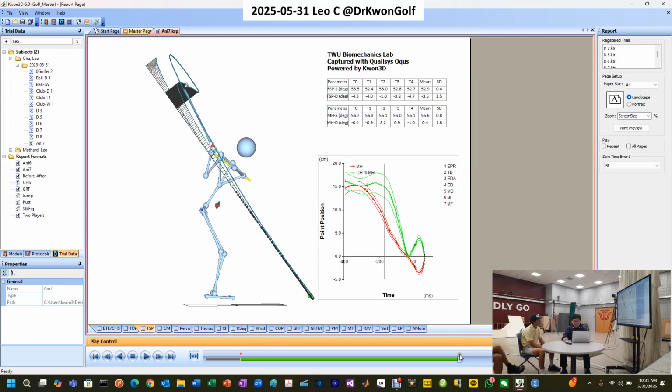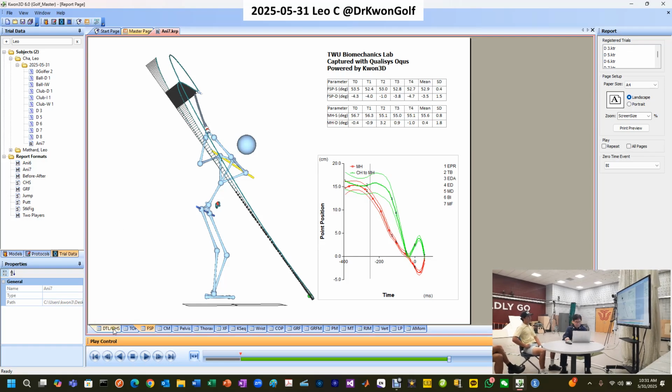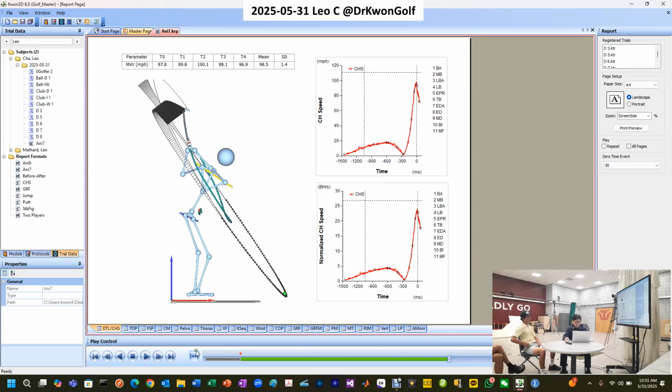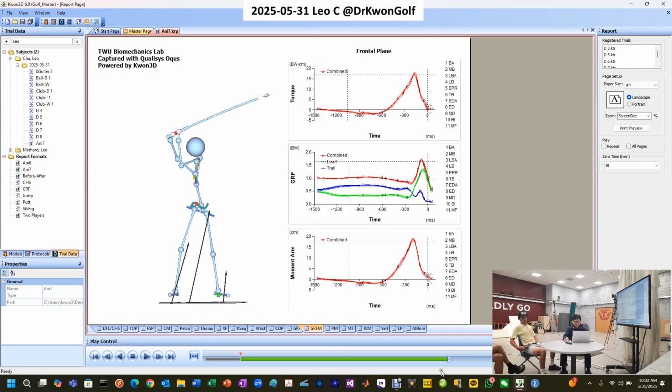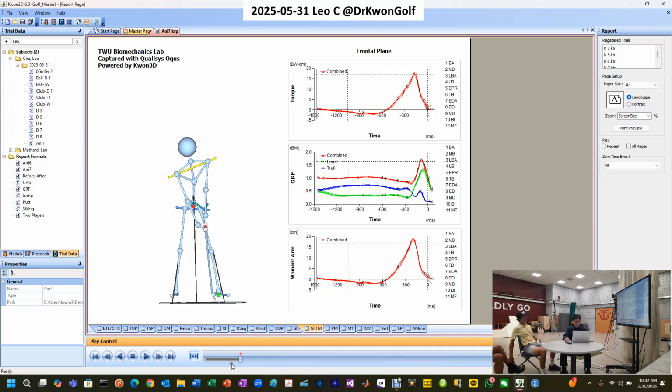I checked the swing weight of your driver. It's like a D4.4, which is a bit too high for you. And also, if you look at your initial posture, let's go to the frontal view here. If you look at the initial body posture here, your right shoulder is a lot lower than the left shoulder.